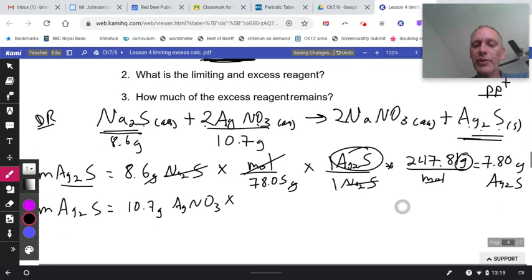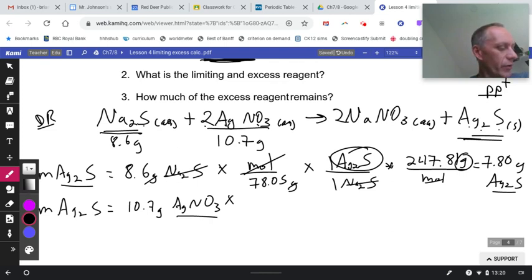All right, so now we just need to find out the mass of Ag2S using our other reactant, AgNO3. So using AgNO3, it is molar mass of AgNO3, 1 mole over 169.88 grams.